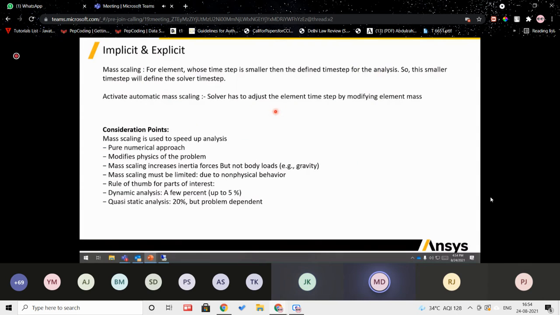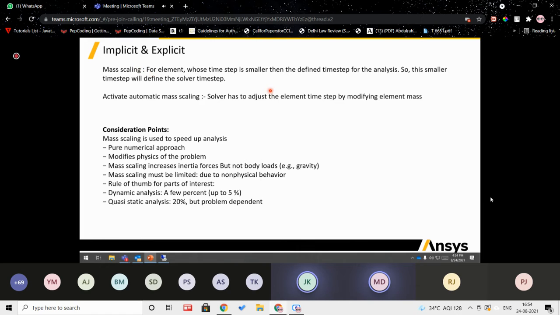Let's suppose your time step is actually a varying quantity. When deformation happens, your length also varies, so the time step of that particular element will vary. Then how will we control the time step? There comes mass scaling.